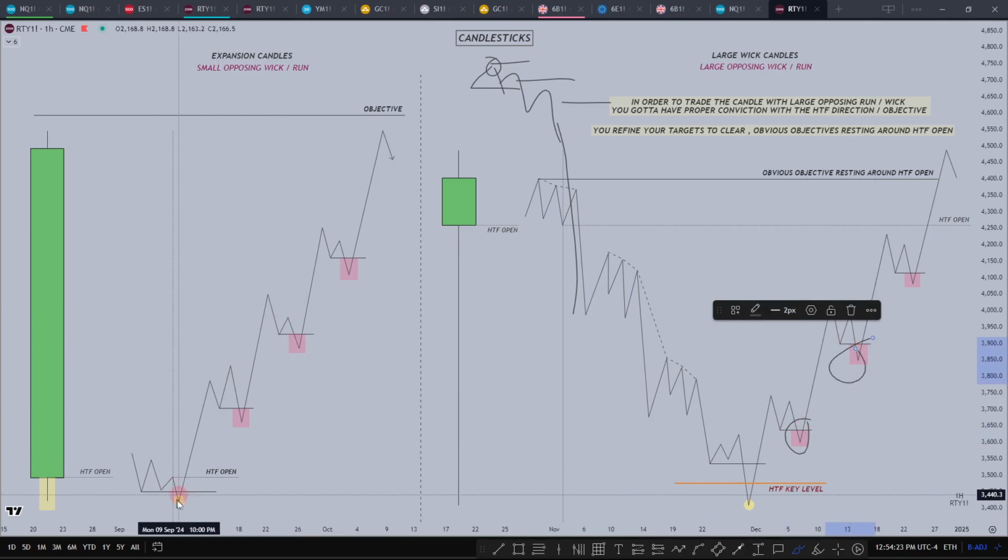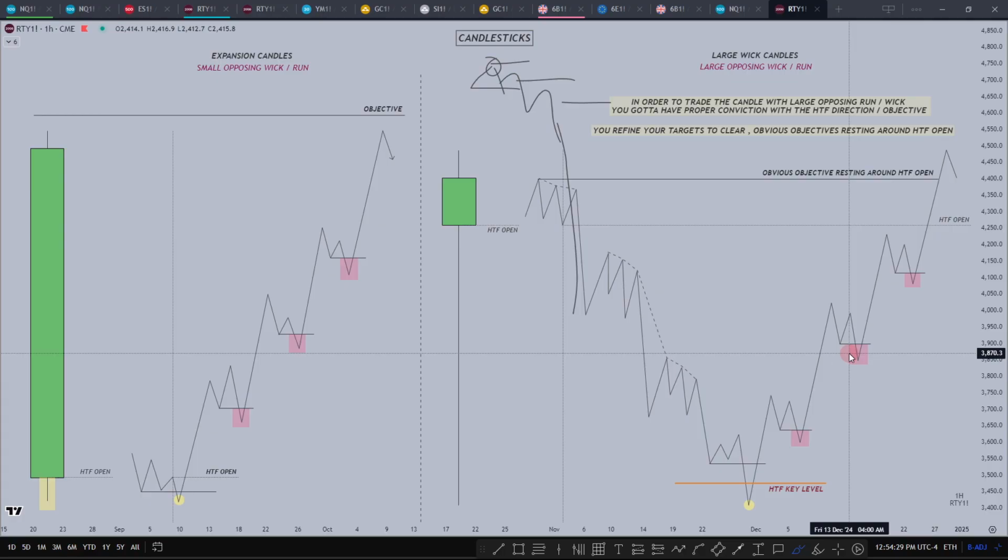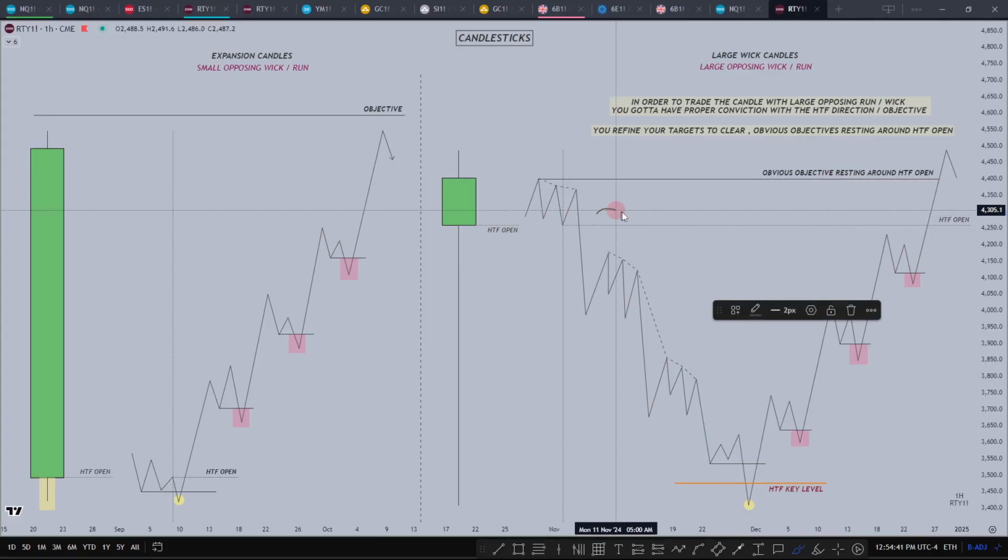After the established low of the high time frame candle is formed and price displaces away from it, the same scenario here, but coming to the high time frame key level, which will sponsor the move towards the draw. Price is forming a large wick, obviously heading towards the key level.